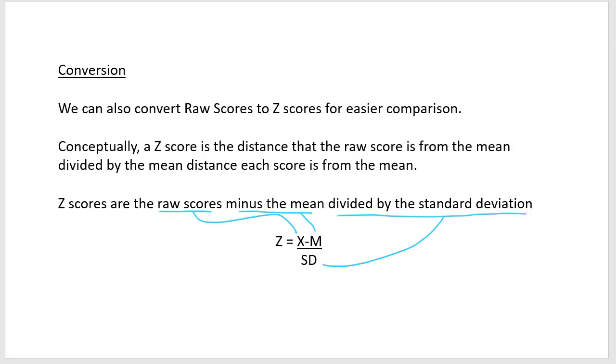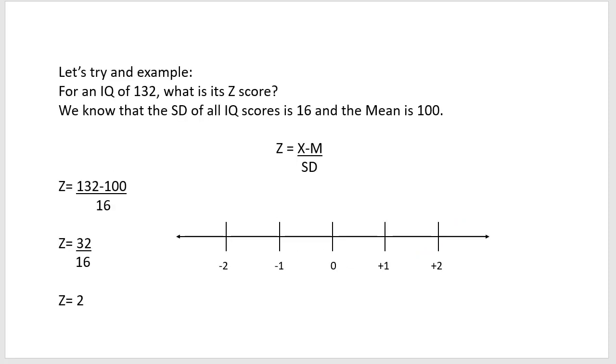Let's look at this in practice and make some more sense of it. Let's take a quick look at how we can use the z formula to determine how we got our z-score equal to 2 from our example with IQ scores.